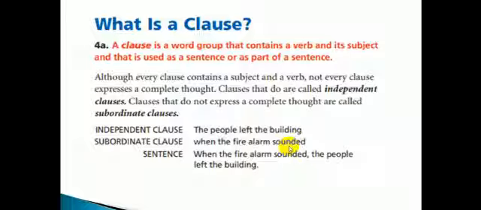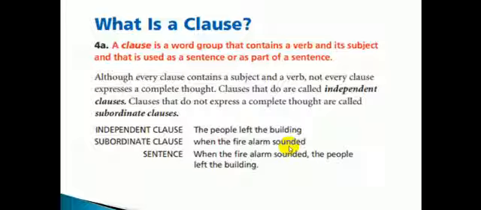But it doesn't have a sensible, complete meaning. When the fire alarm sounded, I don't understand. That's why it needs another clause to depend on to give us a whole right meaning. That's why it's called a subordinate clause or dependent clause.